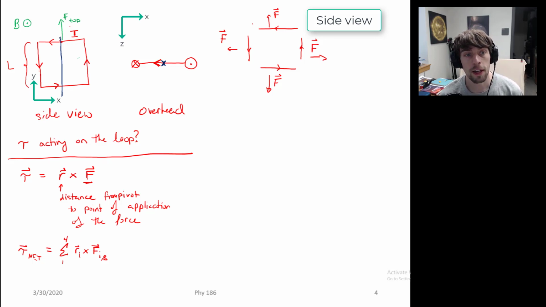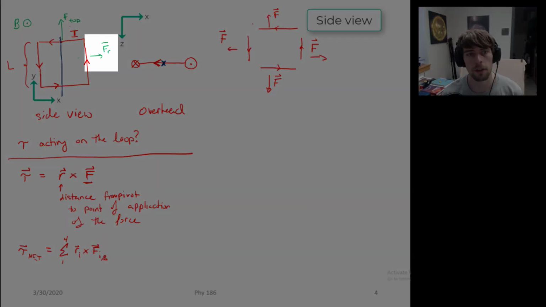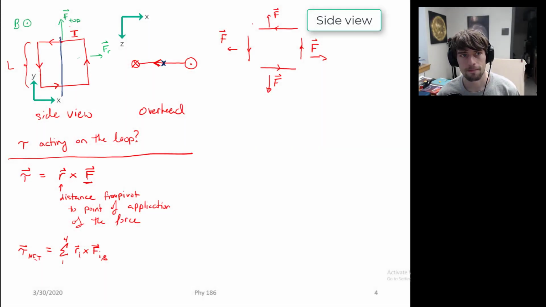Good. How about the right side for a moment. I'll call it FR. How about that one? Also 0. You can see that from this overhead view. FR would be this way. In fact, I'll put FL here too. What can you tell me about the direction of the R vector pointing from the pivot to the point of application for the right-hand segment?